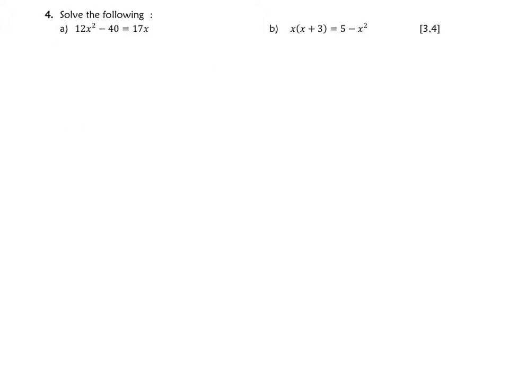The next question is to solve the following with any method that we desire. I'm going to move 17x to the left, so this becomes 2x squared minus 17x minus 40 is equal to 0.